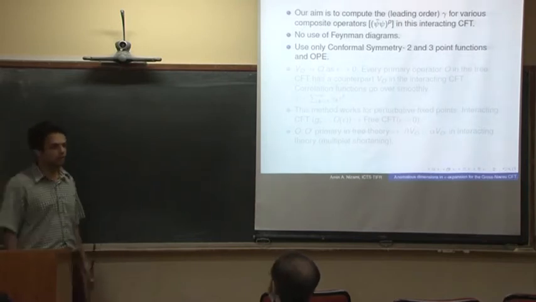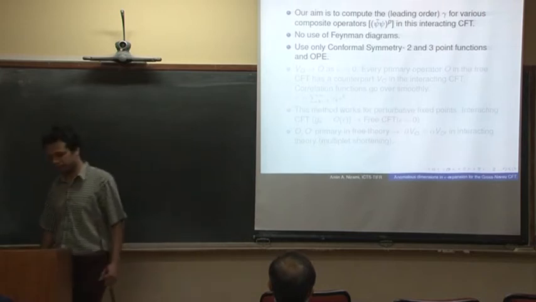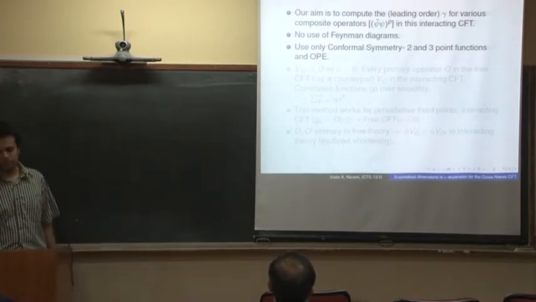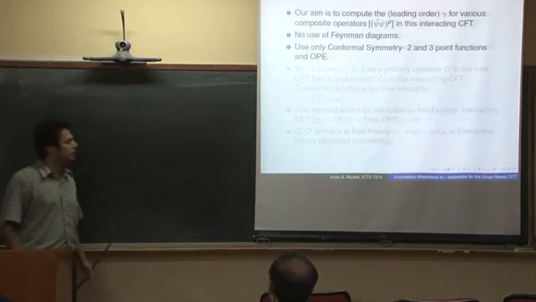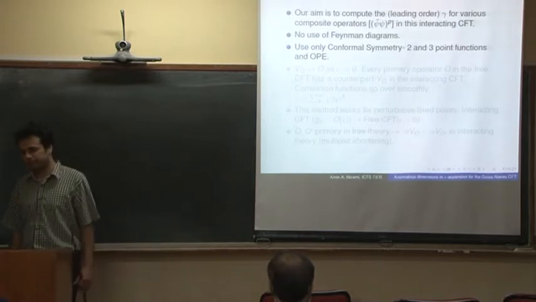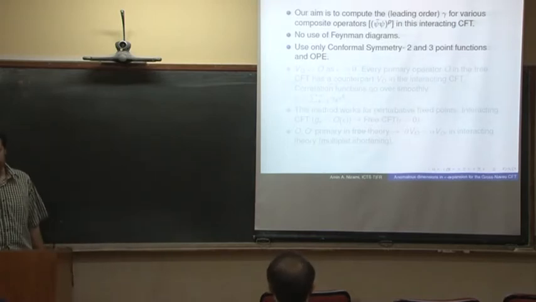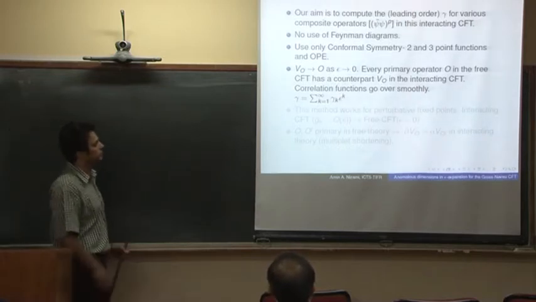However, the leading order results in the epsilon expansion don't actually require that. So I'll talk a bit more about it. Here we'll just use some very, very basic CFT inputs. And other than this, an essential feature will be the multiplet recombination which occurs in interacting conformal field theories. So let me just state the assumptions and set up the notation.